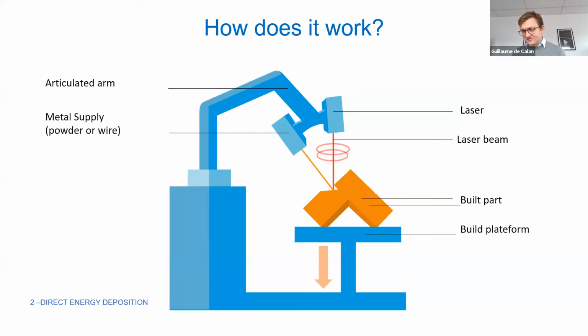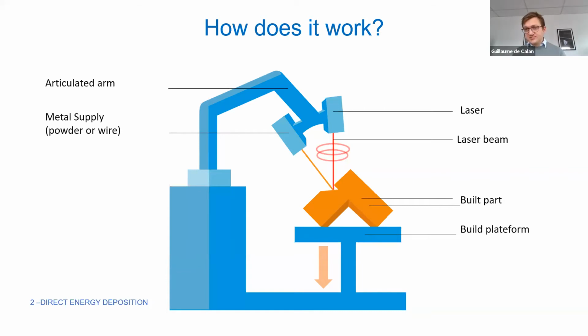You have a supply of metal, which can be wire, powder, and sometimes different things, but mainly wire and powder. And you have a power source. Here we mentioned laser, but it can also be other power sources, electric arcs, plasma, whatever energy source that will allow you to melt the metal that you're feeding.